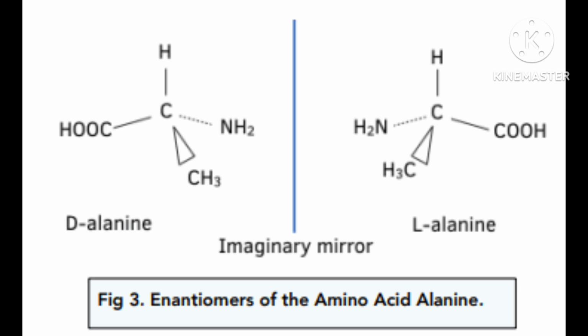NH3 are together, adjacent to each other, and the 3 NO2 are opposite. Then this is called face, just like a face. That's why it is called facial isomers.